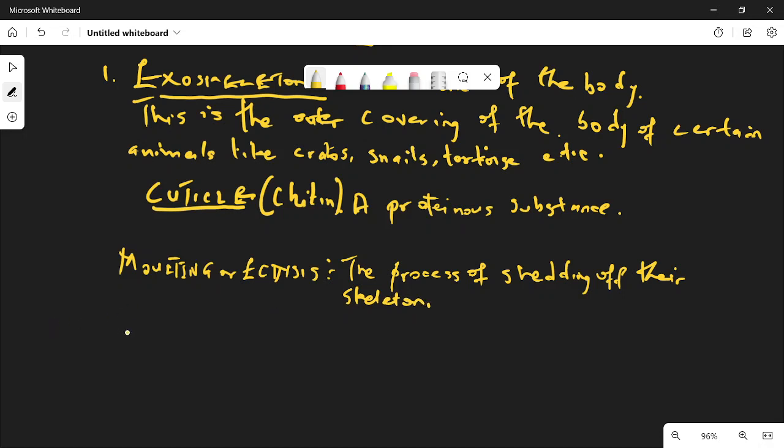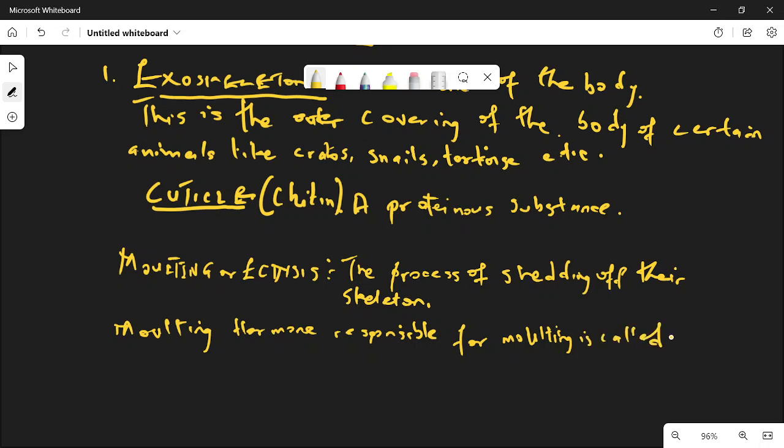Now, the hormone that is responsible for molting is called ecdysone.